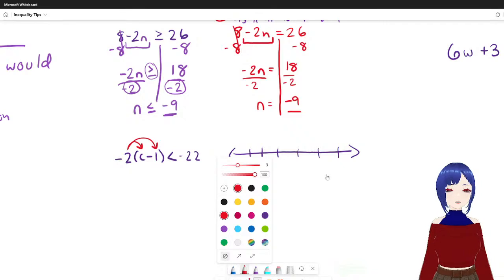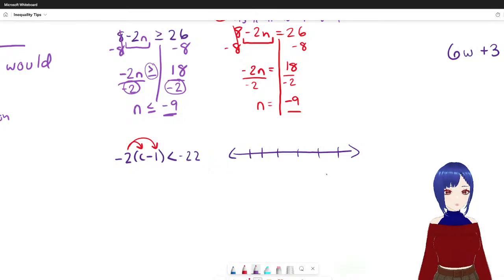I'm going to do this distribution, and then I'm going to rewrite the equation. So -2 times c is -2c. -2 times, because that says -1, we want to treat it like a -1. So -2 times -1 is +2. And then we have less than -22.